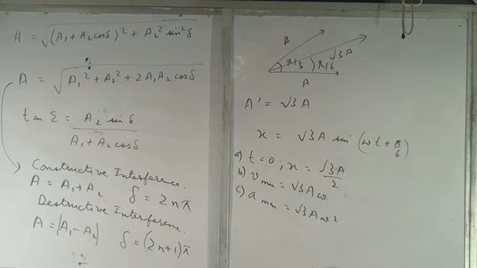The phase of the second is 60 degrees ahead of the first, and the phase of the third is 60 degrees ahead of the second. So 2 is ahead by 60 degrees from 1, and 3 is ahead by 60 degrees from 2.